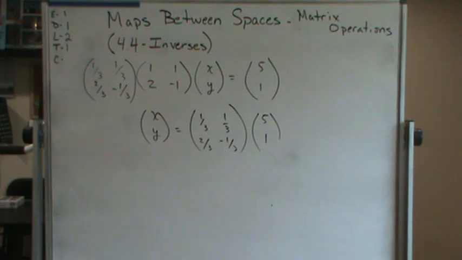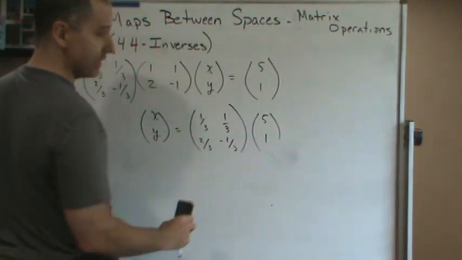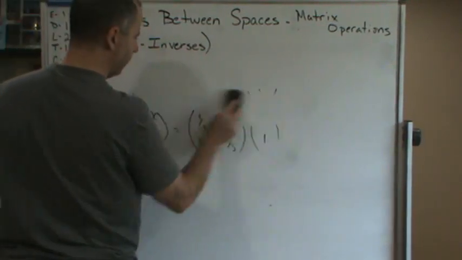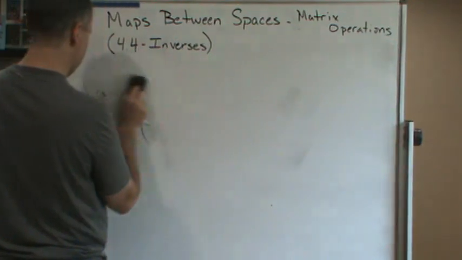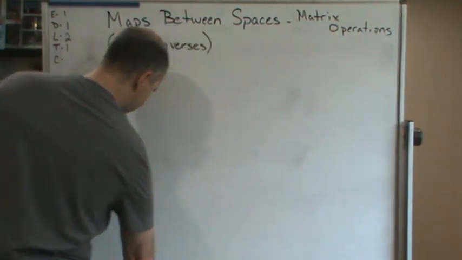The other advantage is that we can explore a system's sensitivity. If we tweak the constants a little bit, what kind of effect is that going to have on the system? We can explore that too, if we know the inverse matrix, and we can do that very easily and quickly.